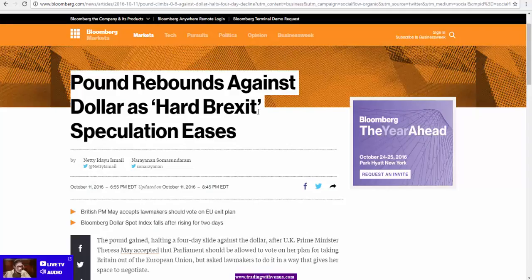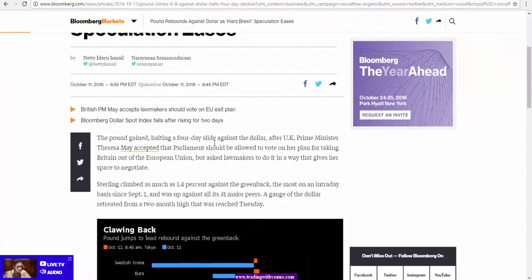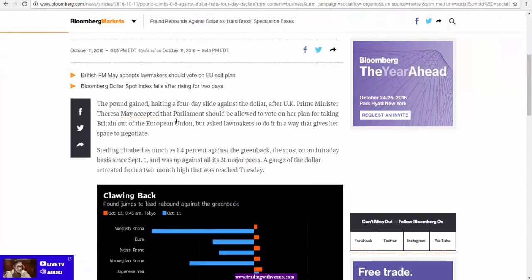Another thing to note here is in the British pound, we saw a big drop in the pound and then a rebound, quite a big rebound actually. The reason for that rebound was because we have seen commentary out of the UK where Prime Minister Theresa May has accepted that Parliament should be allowed to vote on her plan for taking Britain out of the European Union, but she has asked lawmakers to do it in a way that gives her space to negotiate.